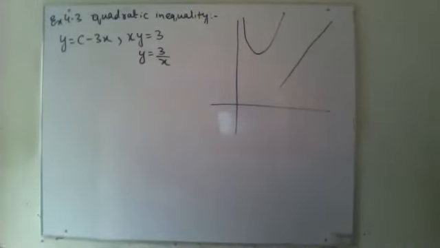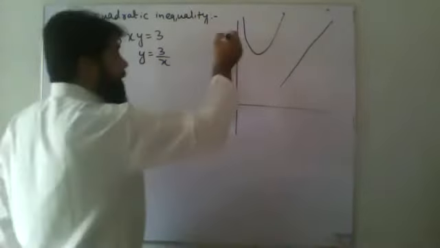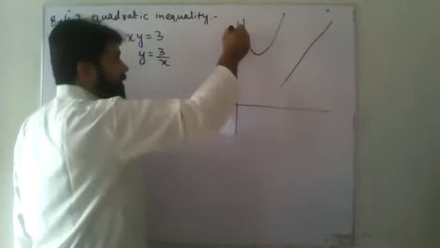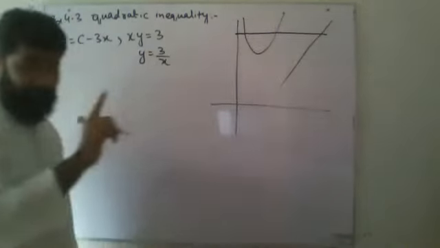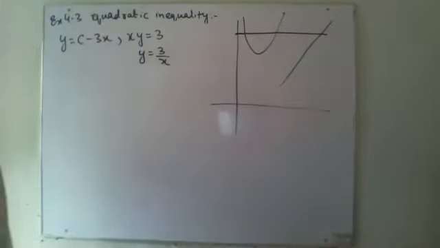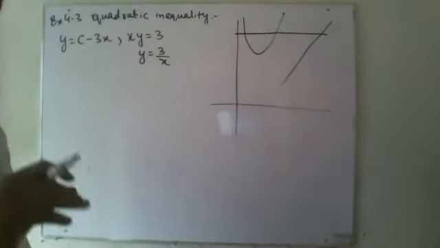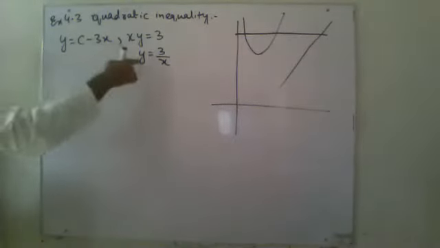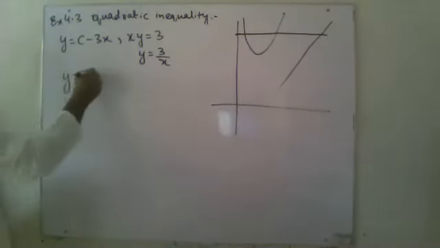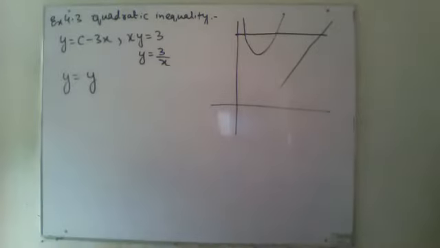They are not intersecting, but for instance, at this point, the value of y on the curve and the value of y on the line will be the same. It means I can say that at any point, both y's, either this one or this one, will be the same.